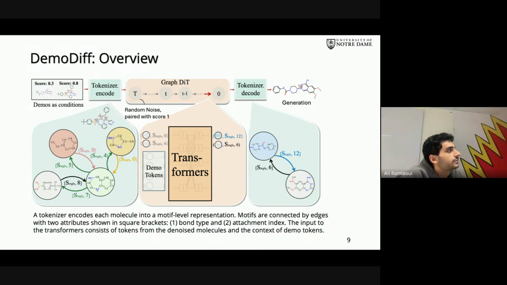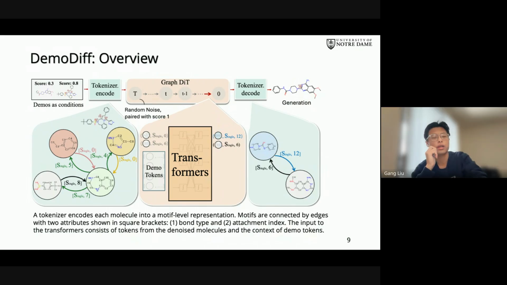I have another question. So you tokenize the motifs, and what do you do with the score to put it in the context? You just put the value? You mean the score? The score is attached to the entire molecule. So it's just like the position ID. We process it the way we process the position ID.